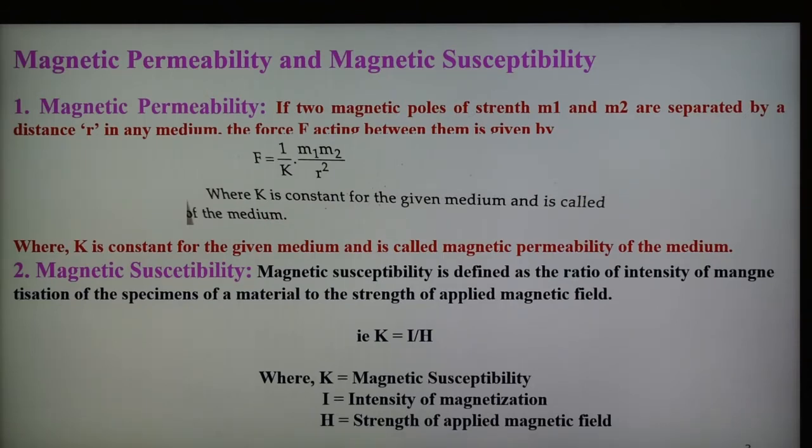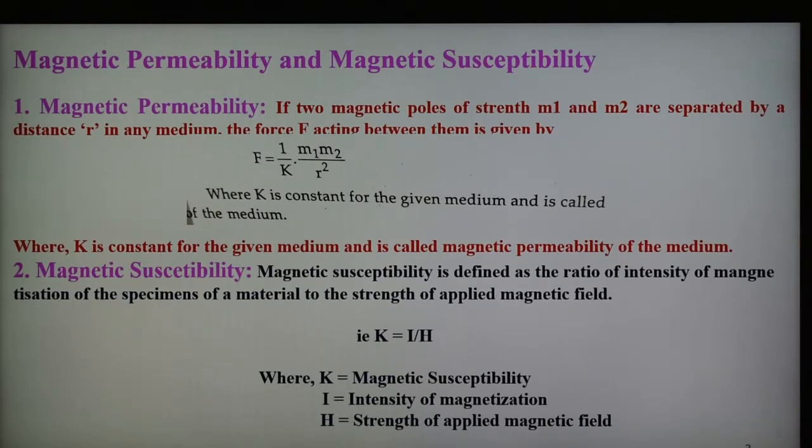These are the two basic terms in the case of magnetic properties, and this K is known as the volume magnetic susceptibility. Likewise, gram magnetic susceptibility can be obtained by dividing K by the density of the material.